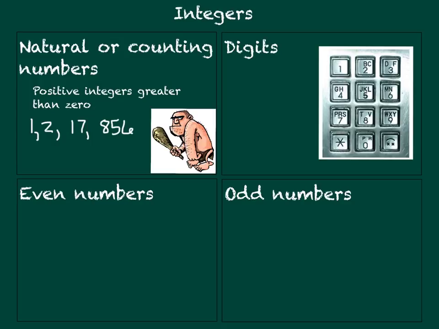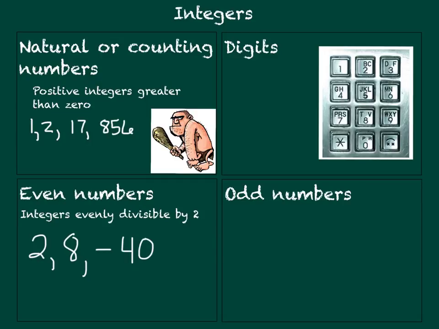All right, and then we have even and odd. Hopefully you guys know the difference between even and odd. However, it is important to note right now that 0 is neither even nor odd. So our even numbers are divisible by 2, like 2 and 8 and -40.